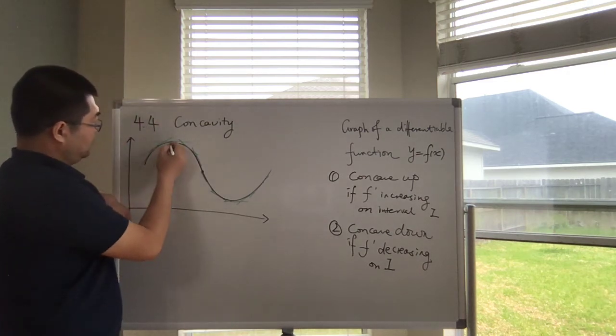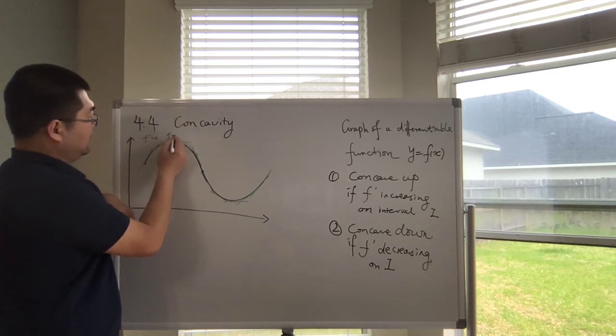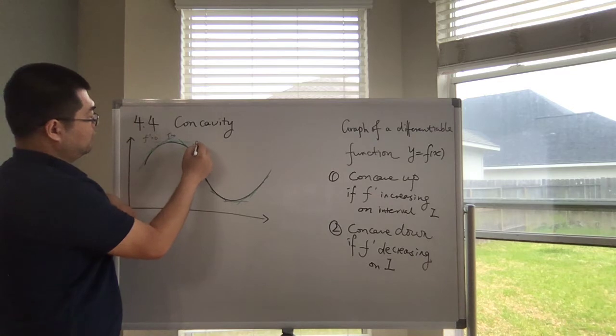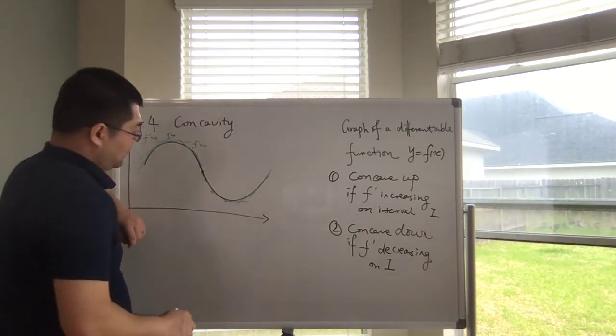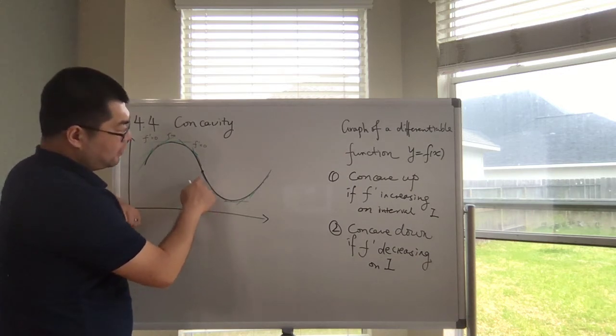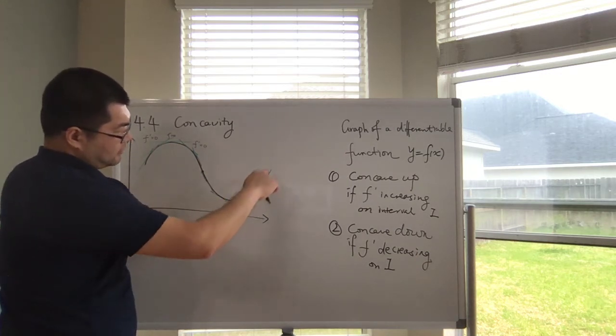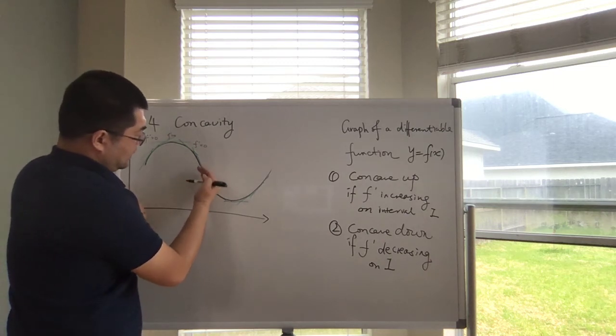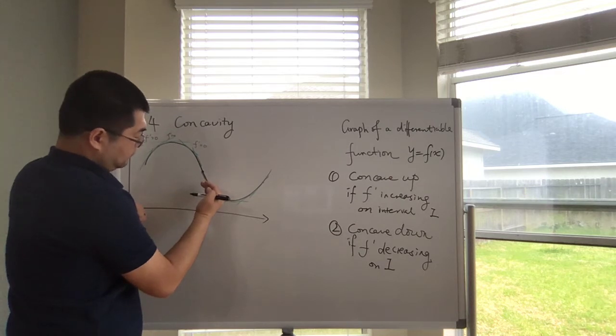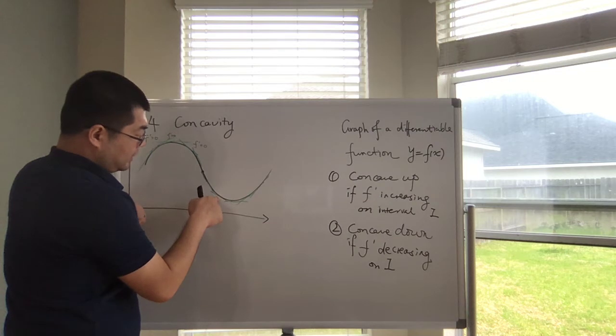So in this part, the first derivative is positive. In this piece, the first derivative becomes 0. In this piece, the first derivative is less than 0. Now let's look at the trend of how our first derivative changes. From here, I have a very small negative slope, and then still negative.